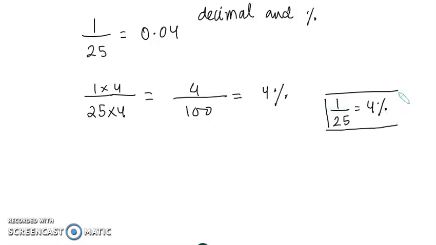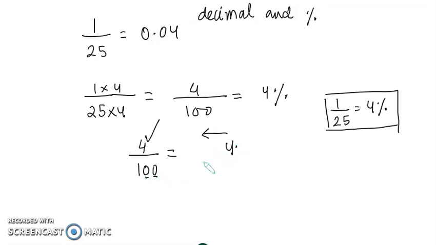One thing more here I would like to explain to you. Now see, 4 by 100, when you have to change it into decimal, you can simply write the numerator 4 here and count the number of zeros in 100, and from this point that many digits you have to move.